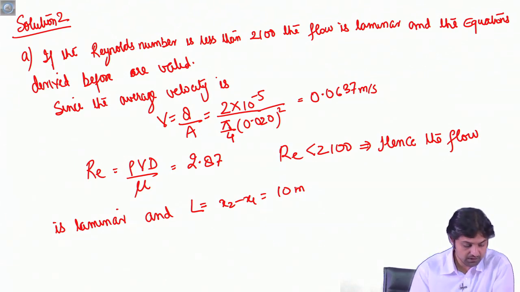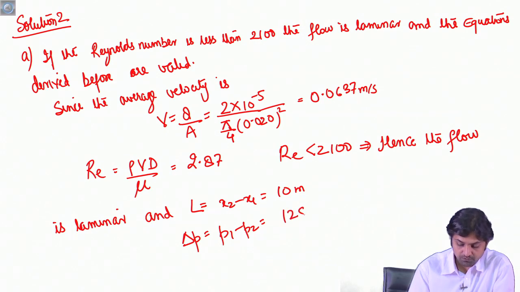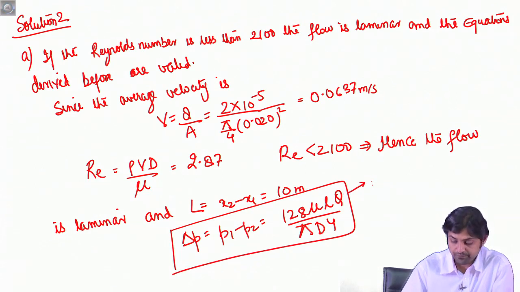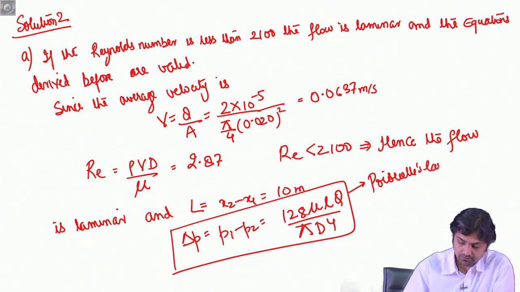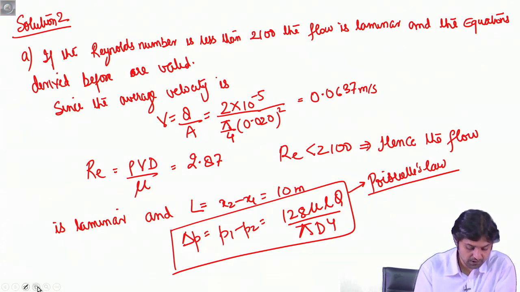Yes, it was laminar, and the pressure drop P1 minus P2 is equal to 128 using Poiseuille's law. So we are now going to substitute that.